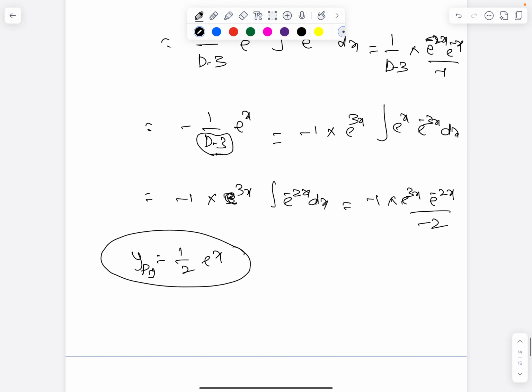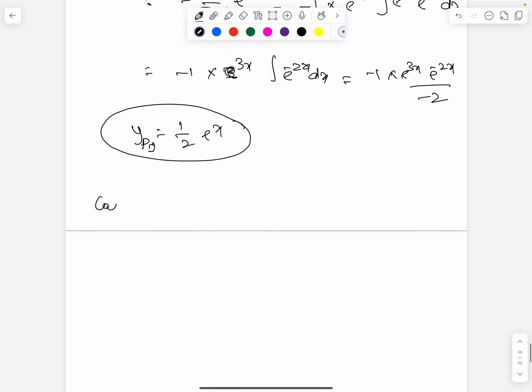There are several cases. So case 2 is when F of b is 0, that is capital F of D into y is equal to e power bx is your equation, but in this case capital F of b is 0. So we have identified that the moment you substitute, this becomes 0. So then how do you handle such a scenario? This is very easy to handle.